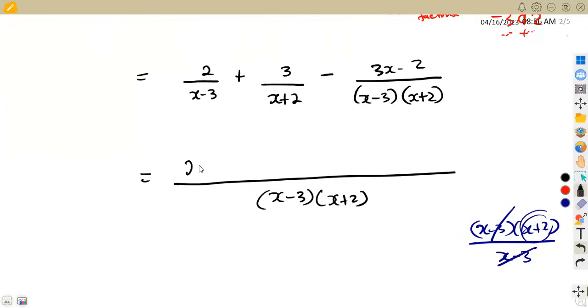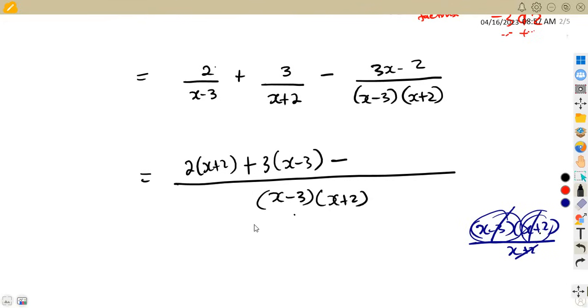So that is going to be 2 into the numerator times the bracket of x plus 2. You do the same thing, plus, this time you are dividing this LCM by x plus 2. x plus 2 and x plus 2 cancel, which means this time you remain with x minus 3. So it is going to be 3 into x minus 3.